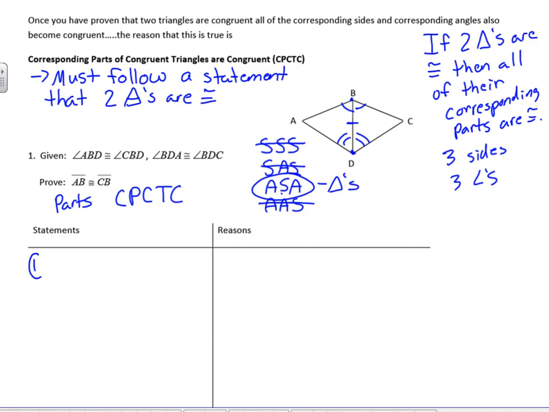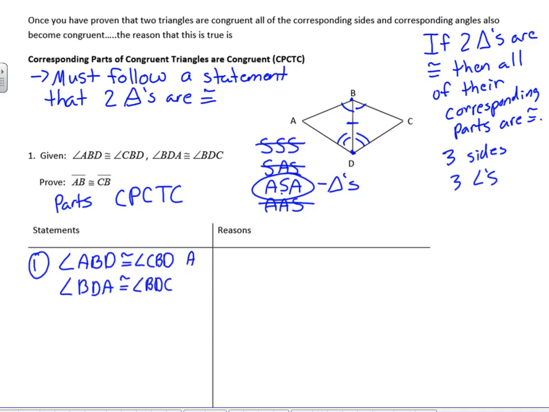So let's execute this plan. We're going to start with our givens here. Angle ABD is congruent to angle CBD. Don't forget those angle symbols there. And then angle BDA is congruent to angle BDC.